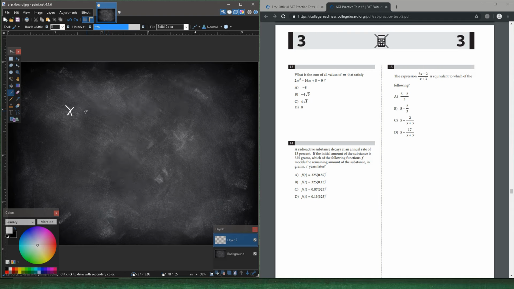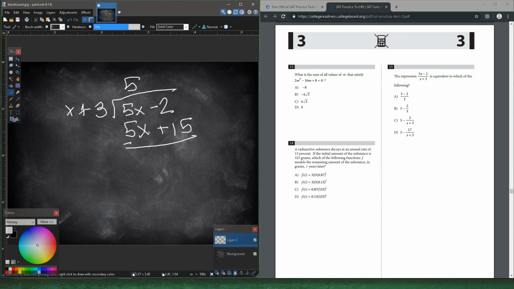So x plus 3 divided by 5x minus 2. We want to multiply by 5 because the first term is 5x. So that's 5x plus 15. We just subtract that. So that cancels out. So that's negative 15, so negative 17, or negative 17 left over.